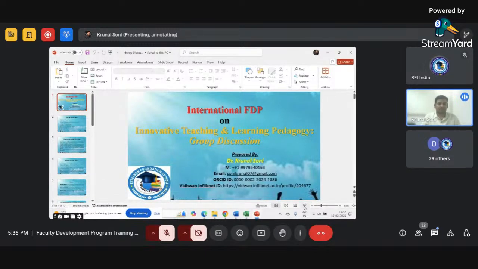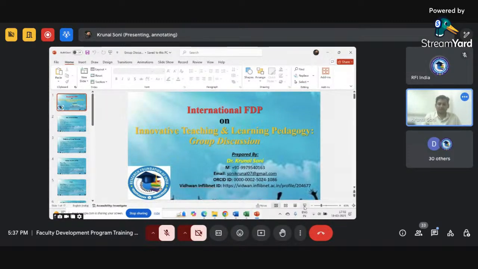Then after looking at the features, we have to see why group discussion is considered to be one of the important criteria as a part of the selection process. So that is where we also have to have a check on that.